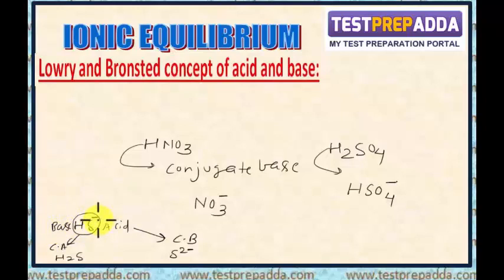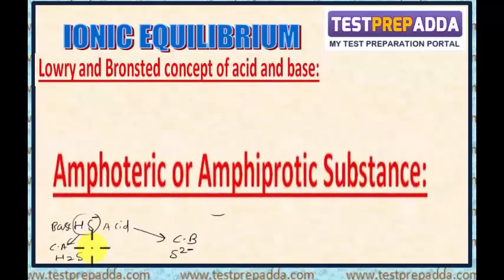So those substances which behave both as an acid as well as a base are called amphoteric or amphiprotic substances. Got the point? Okay. Now I will talk about the Lewis concept of acid and base.